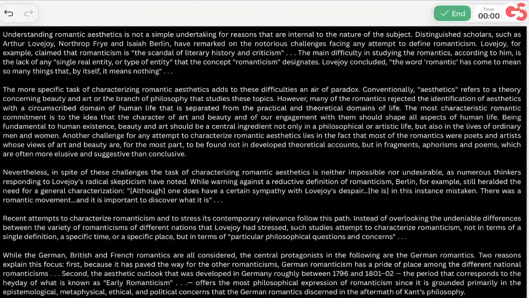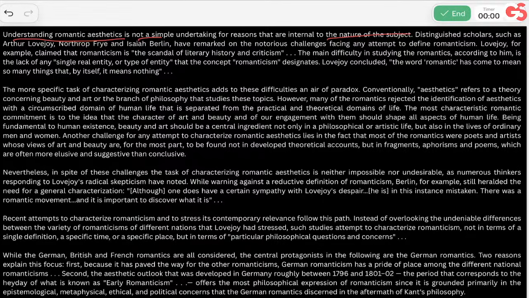Understanding romantic aesthetics is not a simple undertaking for reasons that are internal to the nature of the subject. ठीक है. Distinguished scholars such as Arthur Lovejoy, ये सब जरूरी नहीं है, have remarked on notorious challenges facing any attempt to define romanticism.